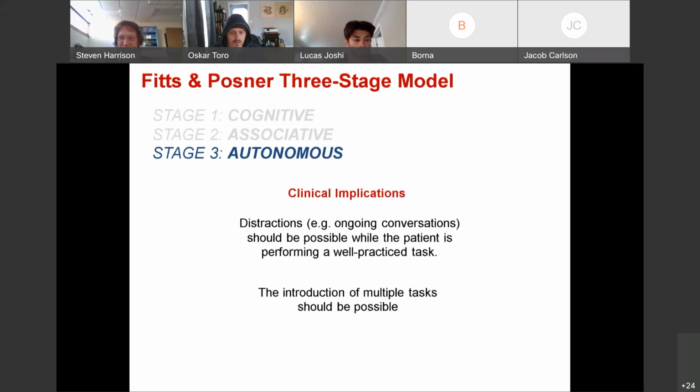So where you're doing balance retraining, when their balance retraining has got to the stage that it's automatic and they're not having to devote cognitive resources to engaging in those balance training skills, their ability to perform a secondary task, like you having a chat with them, means they're in this autonomous stage when you can distract them and you're not seeing a big impact on the particular skill you're trying to train them. So in this stage, the introduction of multiple tasks should be possible.